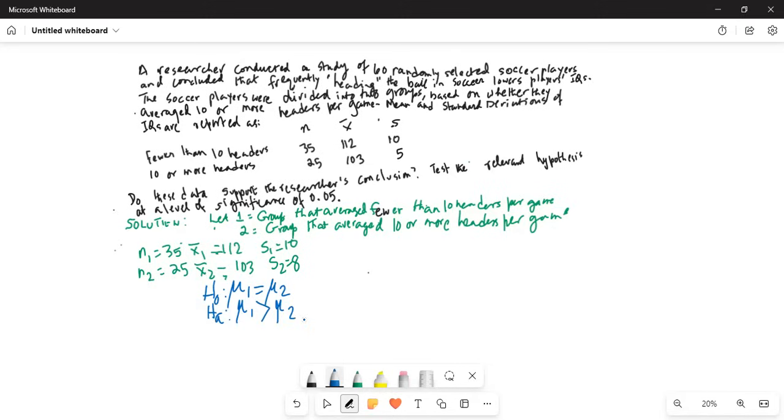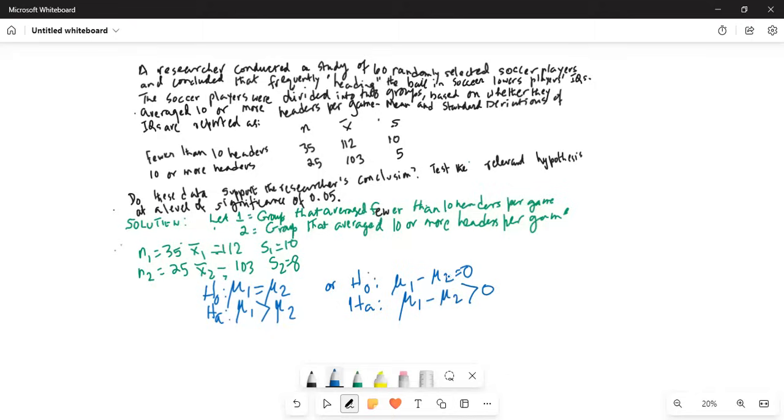So mu1 is greater than mu2. In other words, the same hypothesis can be written as H0: mu1 minus mu2 equal to 0, and the alternate hypothesis is mu1 minus mu2 is greater than 0.